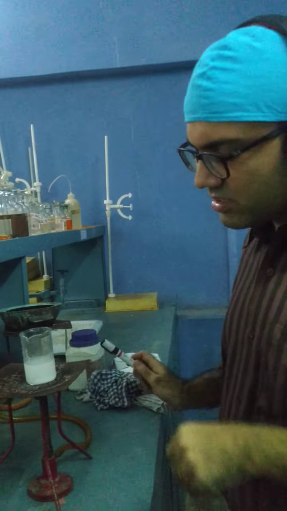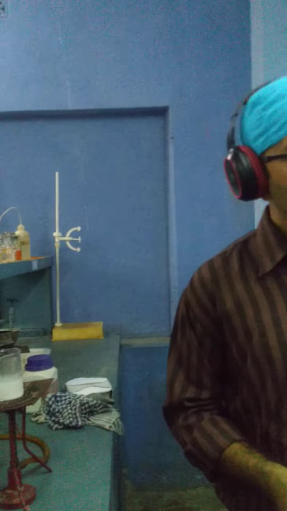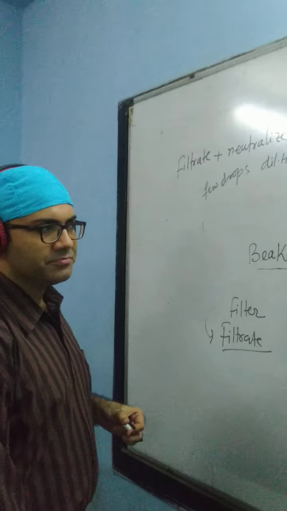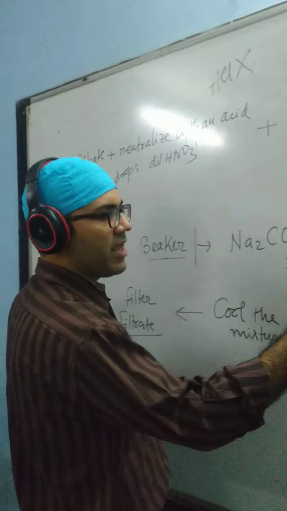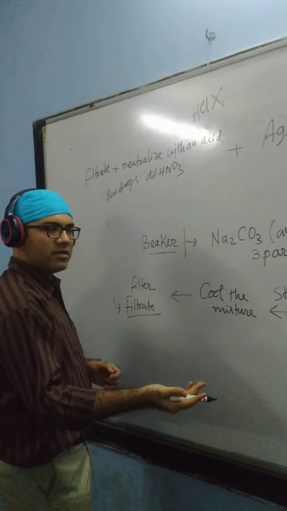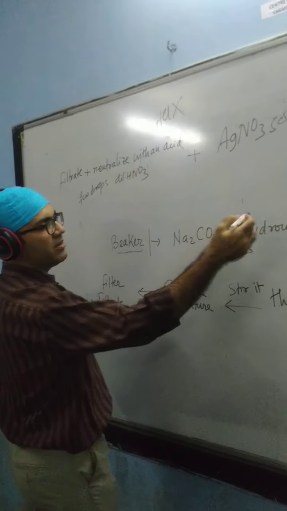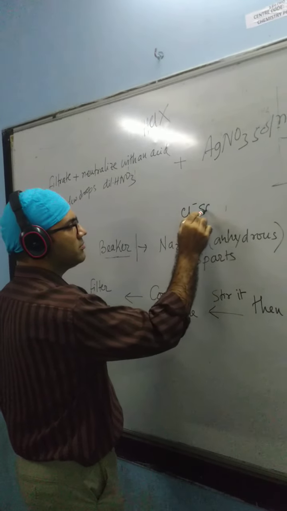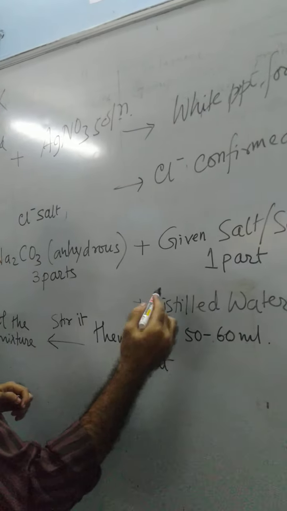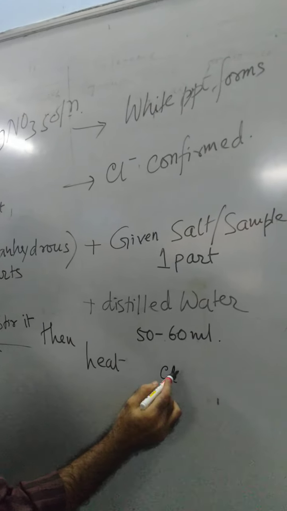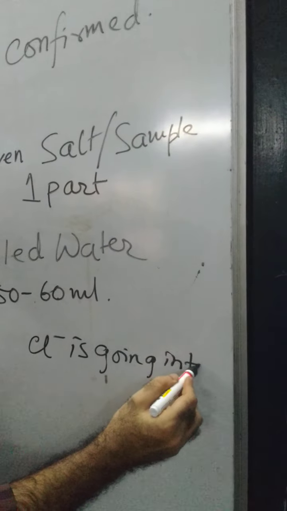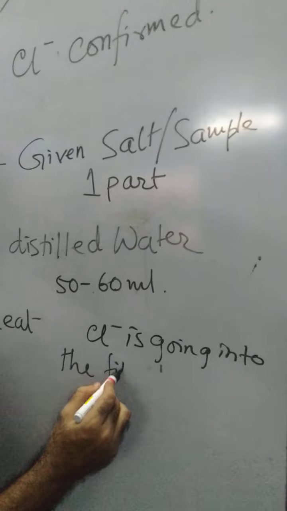By the time this solution is getting heated, let me explain what is exactly happening. When you add sodium carbonate to this chloride salt, we are converting the salt into the respective carbonates, and the chloride goes into the filtrate, the liquid portion.